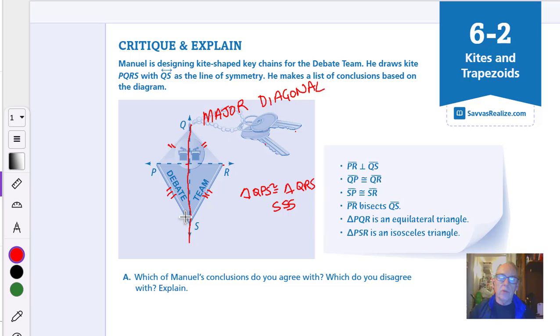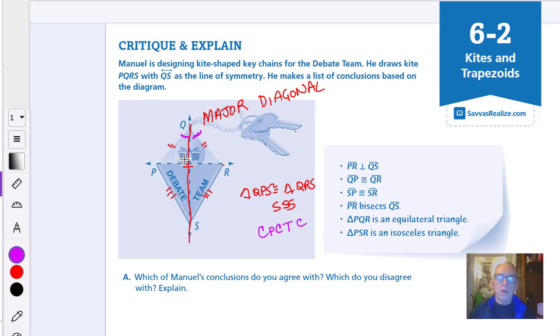This side is shared between the two triangles, and we have three sets of sides that match between the two triangles. So these two triangles are congruent. Now what that does in terms of this shape is give us this angle PQS and this angle RQS are congruent because these are corresponding parts of congruent triangles are congruent.